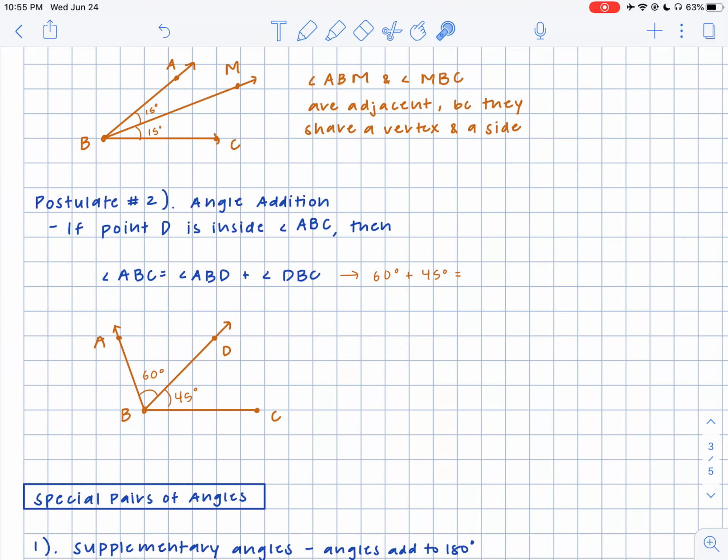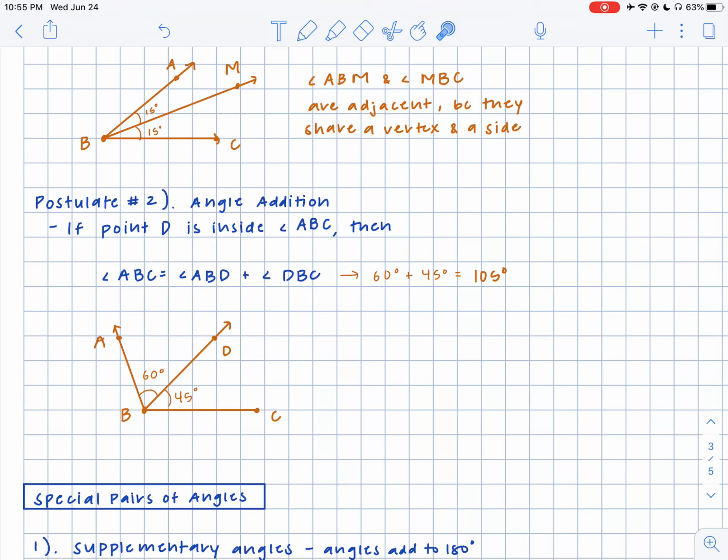And if we do the math, then we would know it is 105 degrees. So that means angle ABC is 105 degrees. Now, this seems straightforward since we are already given the values of the angles, but it's important to keep in mind later you might be given algebraic expressions for these angles and you would solve.